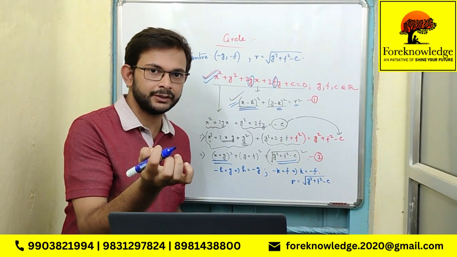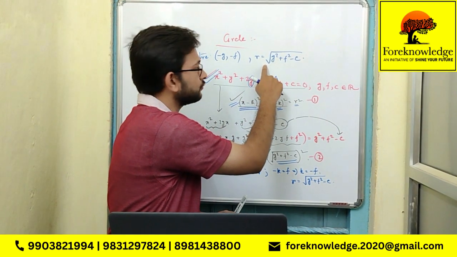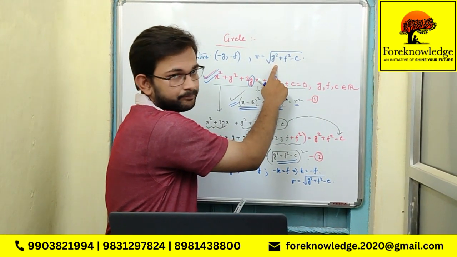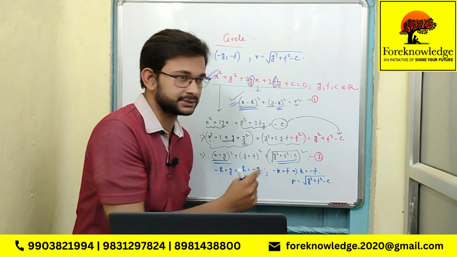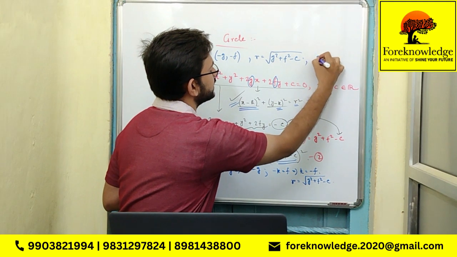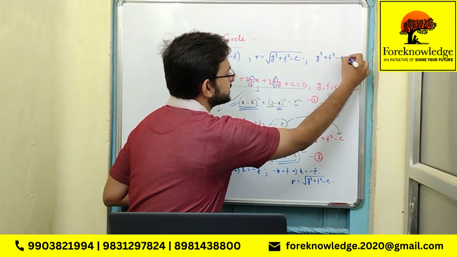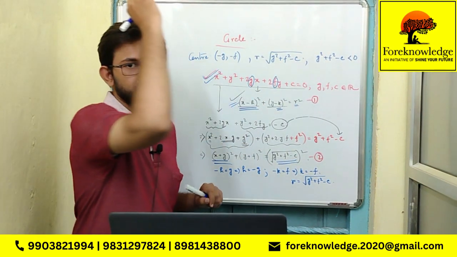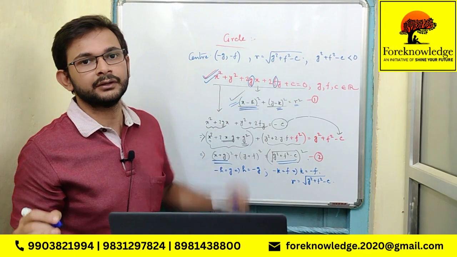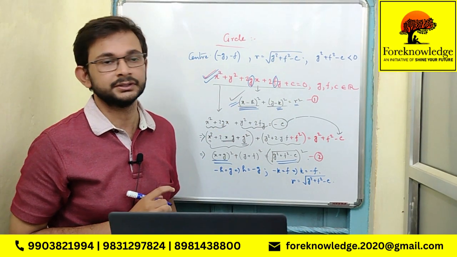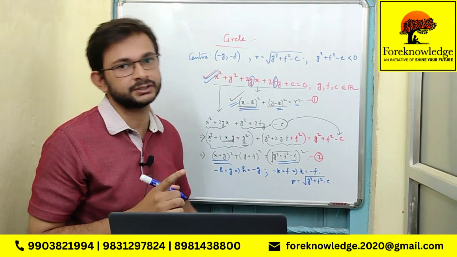Now there is one point to remember, that this r comes by square rooting this quantity, g square plus f square minus c. So if by any chance g square plus f square minus c is less than 0, then the radius will be an imaginary number, which cannot be true for a circle.